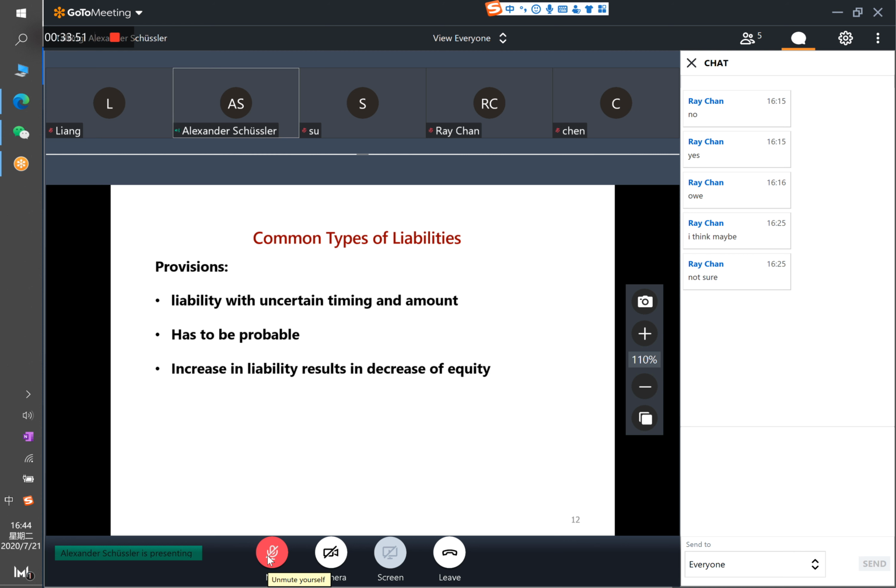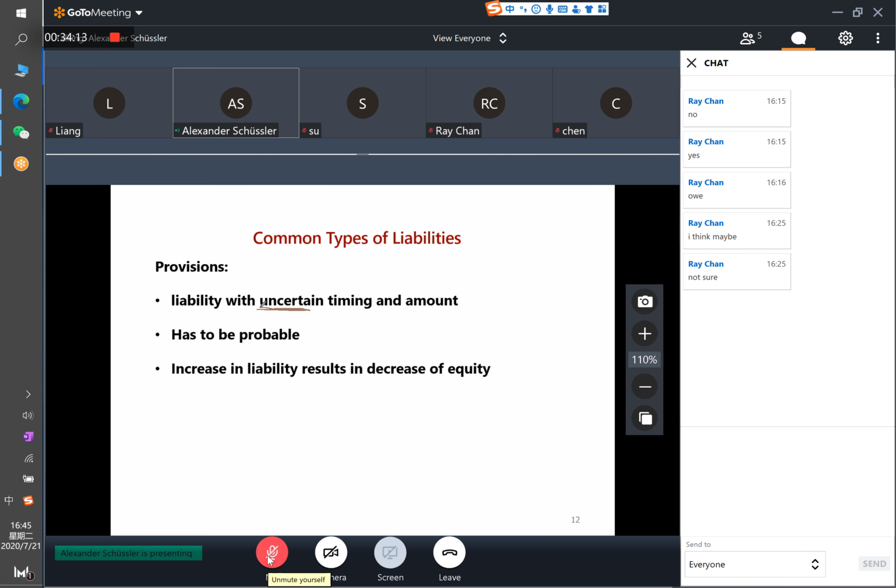The next liability we're going to talk about is a provision. A provision is a liability with uncertain timing and amount. So the timing and the amount is not sure. You do not know how much you have to pay and whether you have to pay at all.